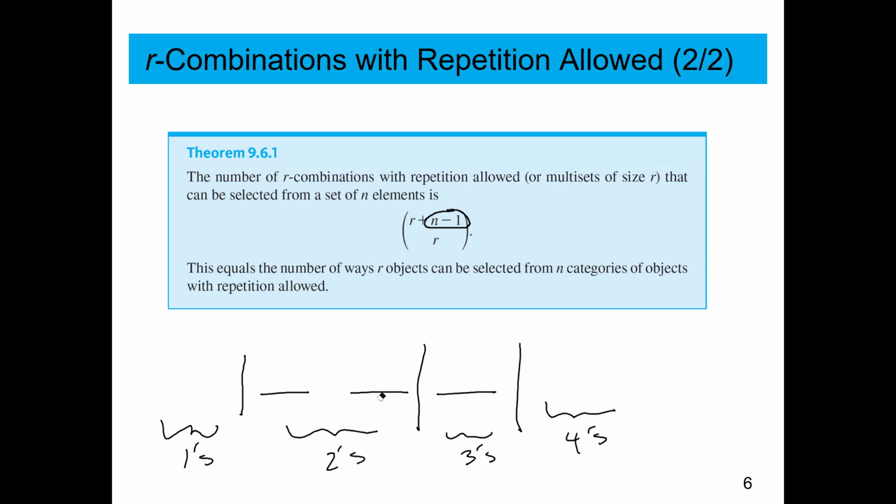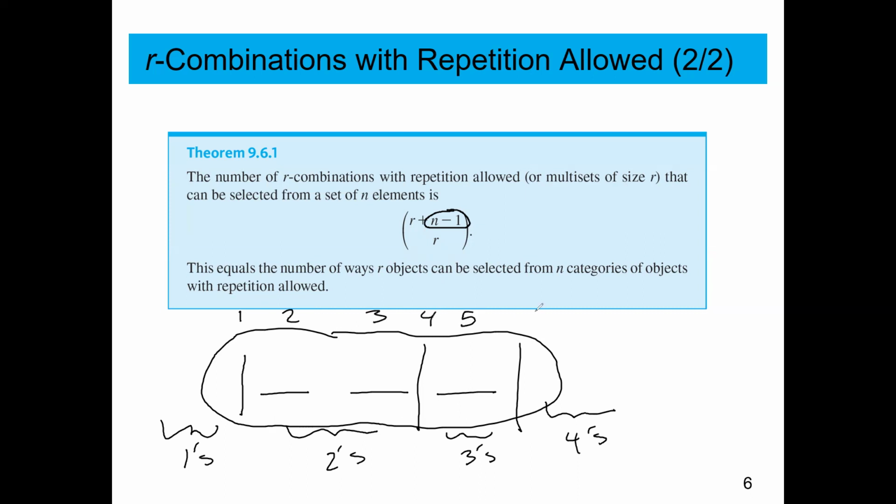And then the r are the spaces left that I have to fill out. Because the way to think about this is, right now I technically have 6 things here, in places 1, 2, 3, 4, 5, and 6.